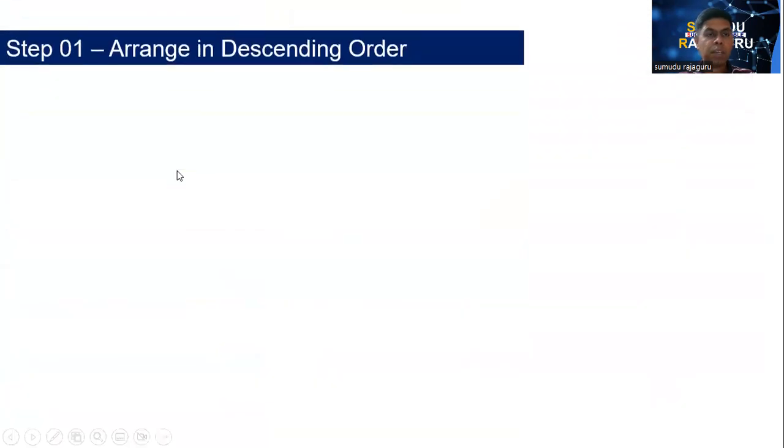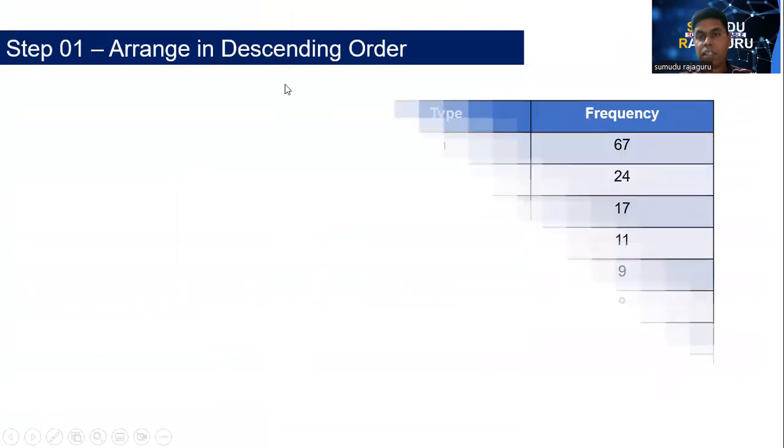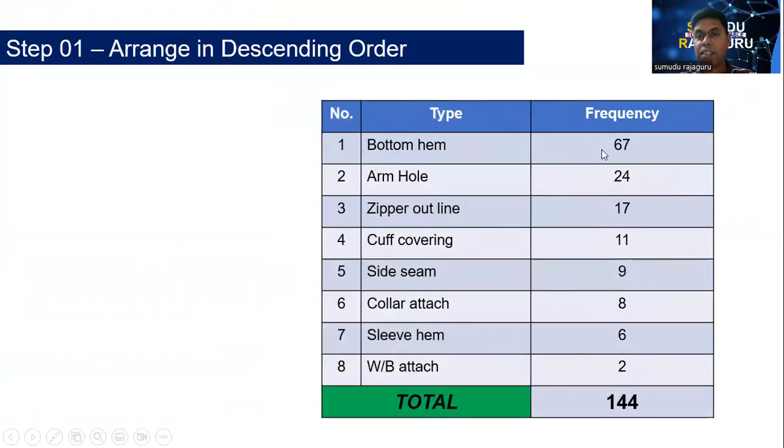But the first step is to arrange in descending order. Here, the largest frequency is on bottom hem related issues, and the lowest is waistband attachment, from top to bottom, largest to lowest. This is step number one.